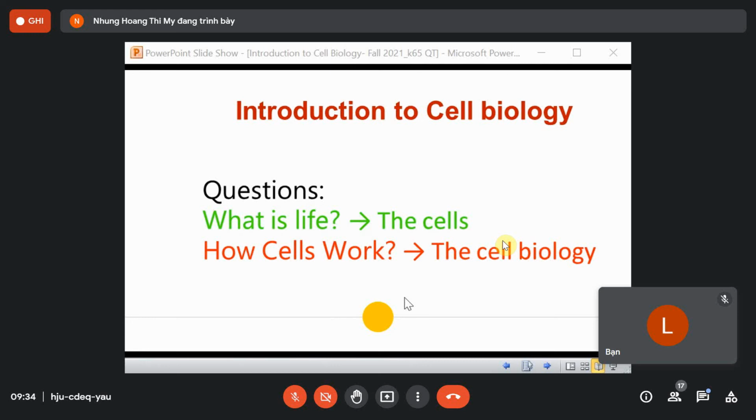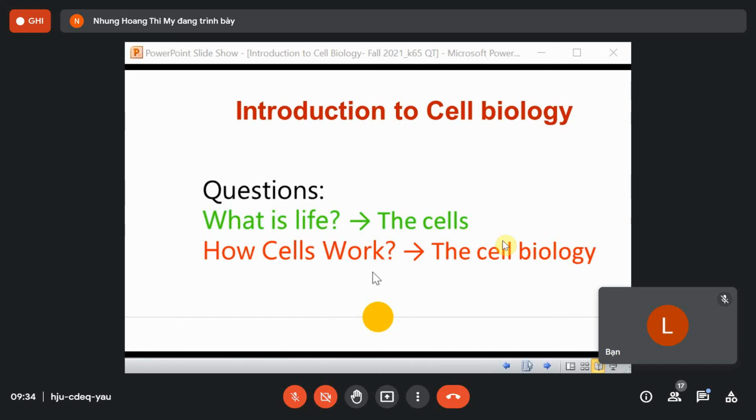But in the biological way, life is a thing made up from the cell. The cell is the basic unit of biology, and also the fundamental unit of life. So the cell and life, or living things, are involved with each other.